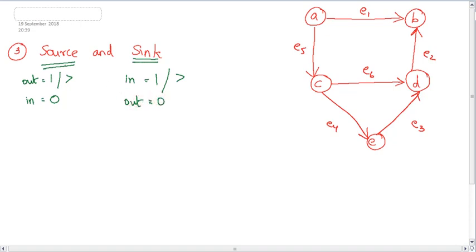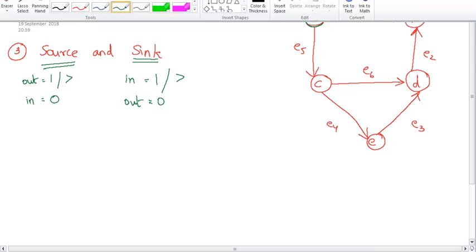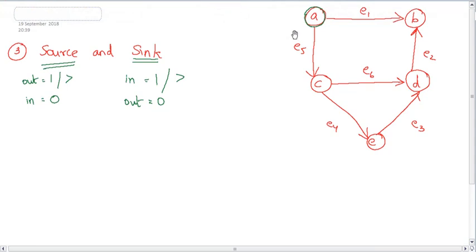Now we will move on with an example. Source, here in this example, is going to be A. As you can see, A has 2 out degrees but it doesn't have any in degree. So A acts as a source for 2 edges. Now what is a sink?